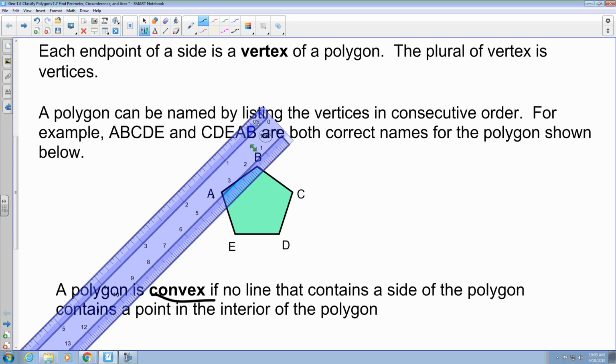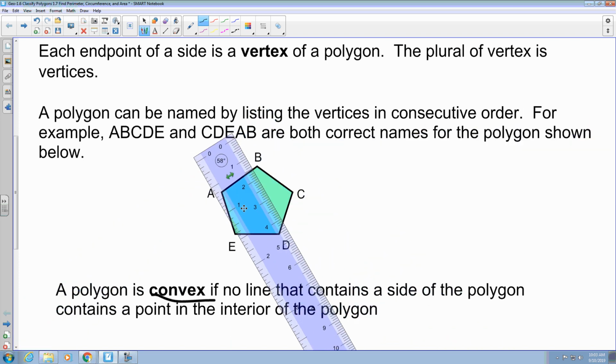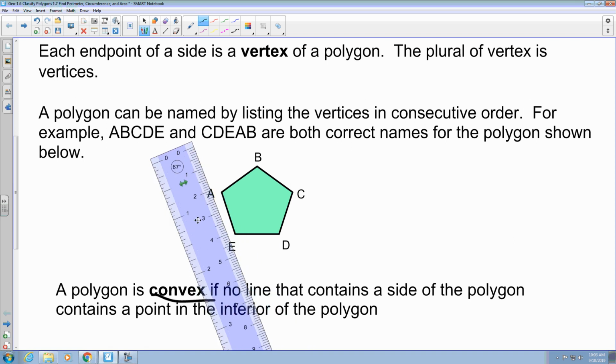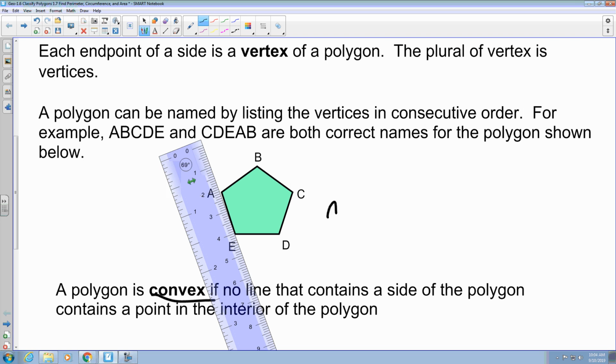And then the last one, AE. You have to do it to every single side. Once every single side is shown that the ruler never went into the interior of that polygon, we can say that it is convex. So in this particular example, I could say that A, B, C, D, E is convex.